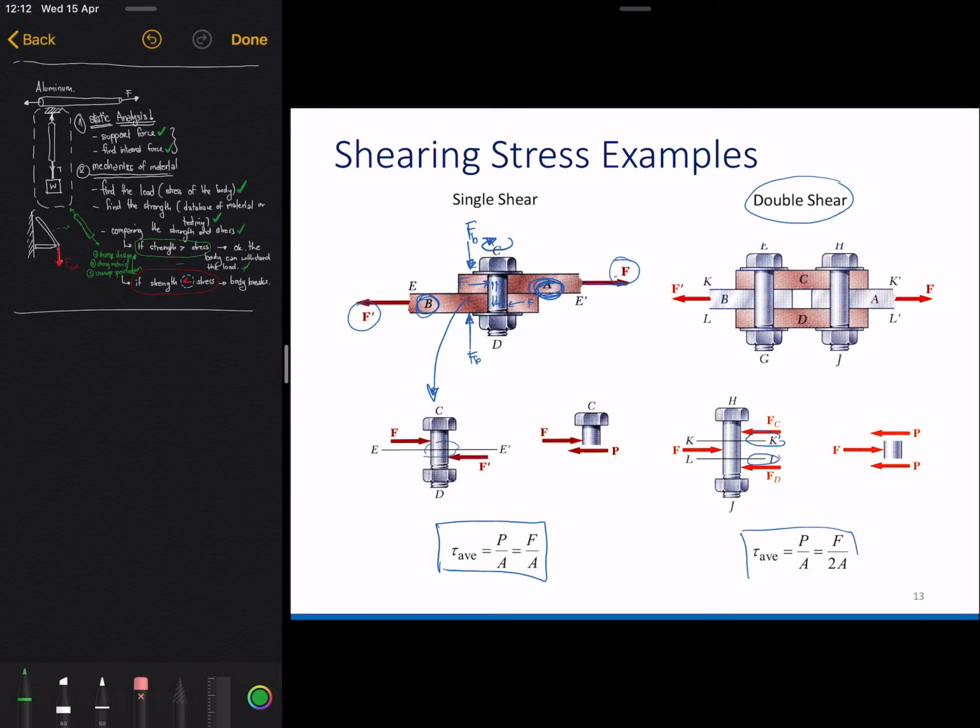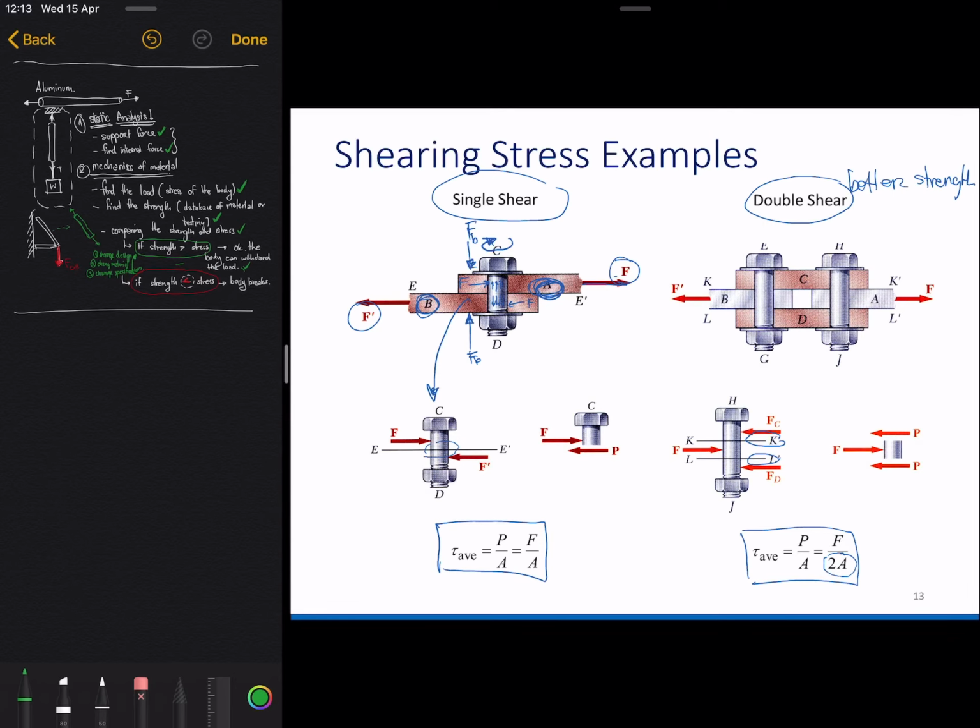You can see that the double position of shear really improves the stress, meaning we have less stress because now we have two areas here. So we have less stress applied to the bolt, even though we have two positions. Means double shear will be able to withstand more load than single shear. You can see that this one is better in terms of strength.